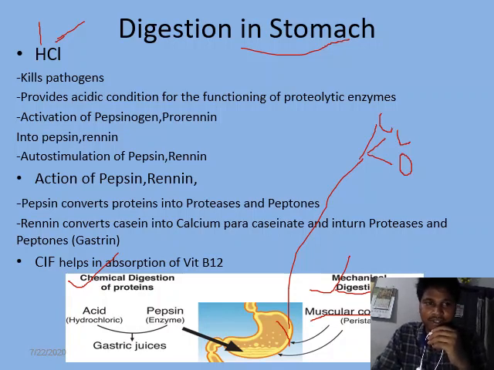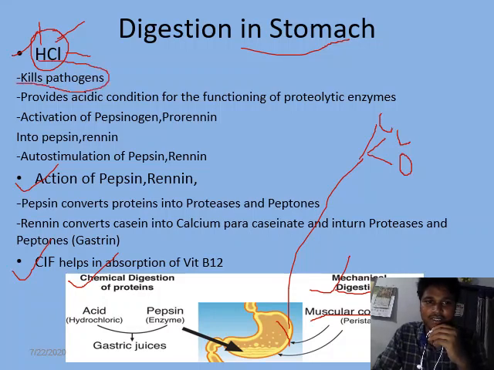In gastric juice we find HCl, pepsin, renin and CIF. Let's learn about the HCl. HCl is a very strong acid released by the oxyntic cells of the walls of stomach. Its main function is to kill the pathogens.